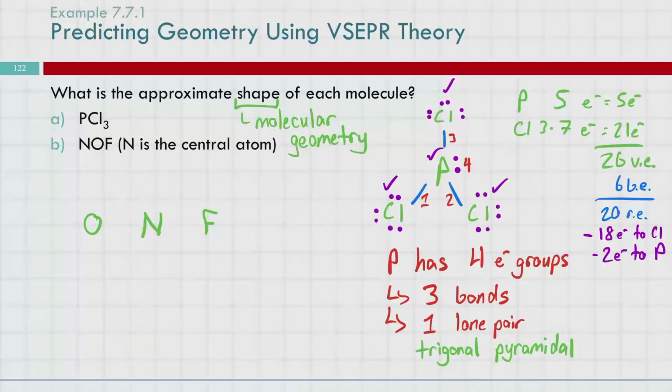So to figure out, we've got to do our Lewis structure. So we've got nitrogen, which has 5 valence electrons. Oxygen has 6 valence electrons. Fluorine's got 7 valence electrons because of the groups that they're in on the periodic table. 5A, 6A, 7A respectively, or 15, 16, 17.